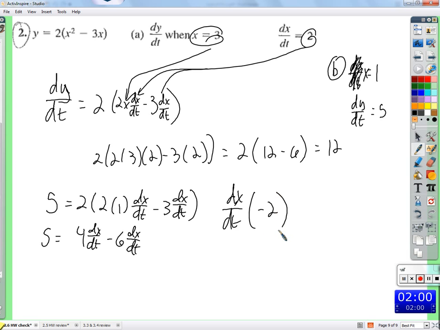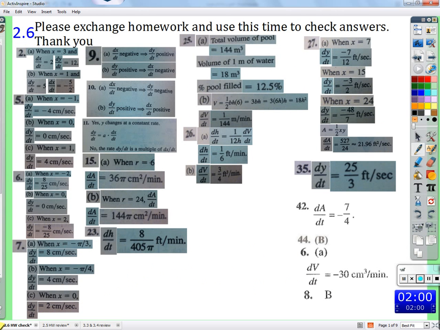So you get negative 2 dx dt equals 5. So dx dt equals negative 5 halves. Right? Yeah. Plug in, solve for dx dt.